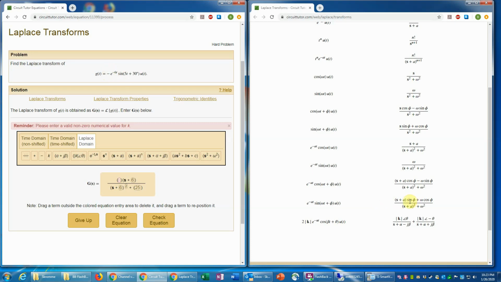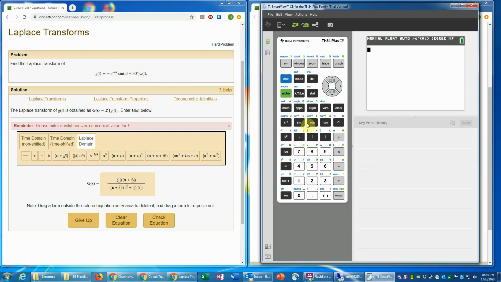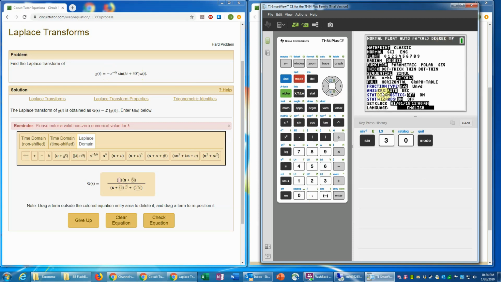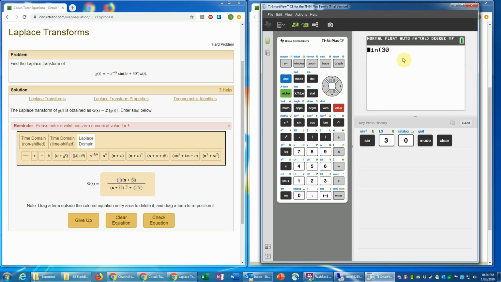So sine of phi, our phi, remember, is 30 degrees. So you may know that value offhand, but if not, we can always pull up a calculator and just do sine of phi. So sine of 30 degrees. And notice that I do check, of course, that I am in degree mode here in the calculator. If not, you could go into mode and adjust that here to be in the appropriate mode, but you'd always want to make sure you are in the correct mode before doing this, obviously.